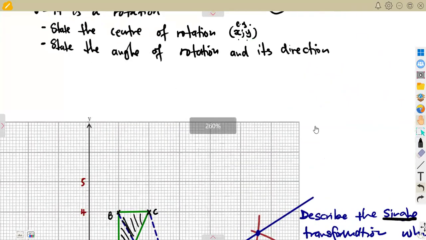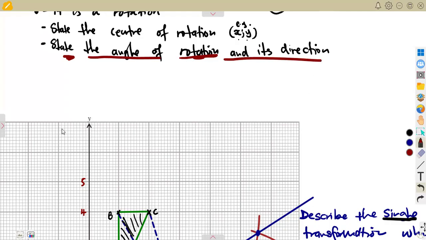Then you need the last part on your rotation. It is to state the angle of rotation and its direction.